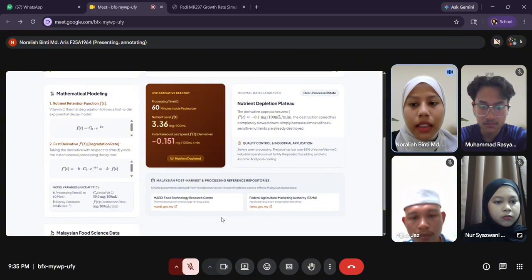This means the speed of destruction organically slows down over time because there are fewer vitamin molecules remaining to split.